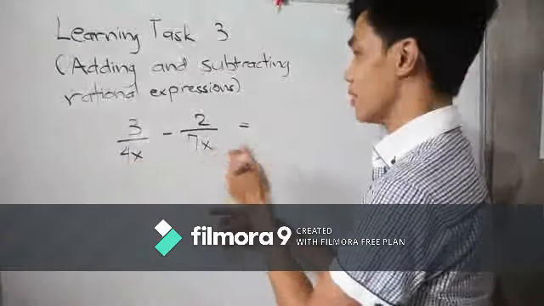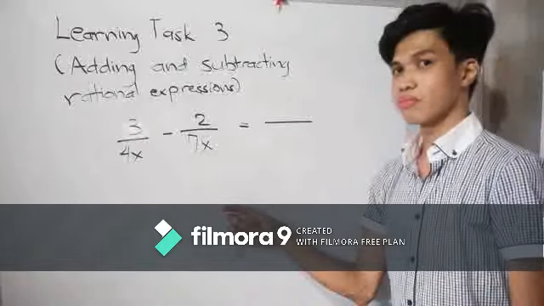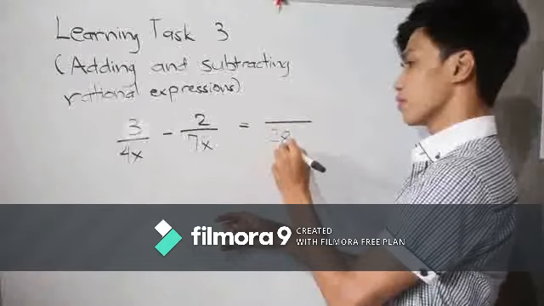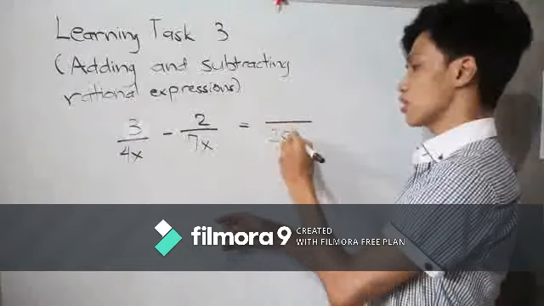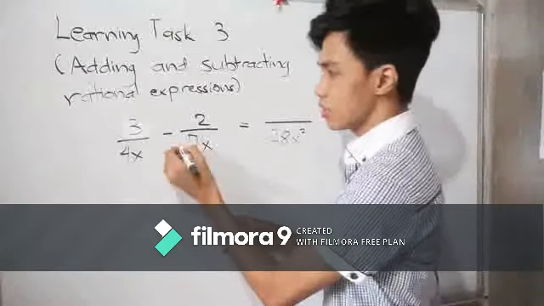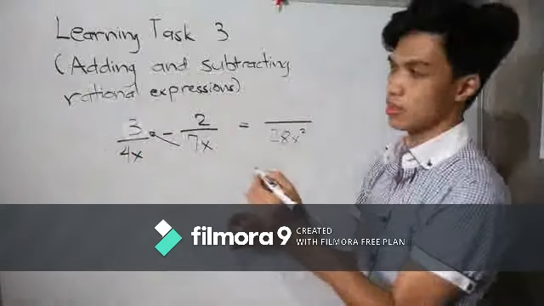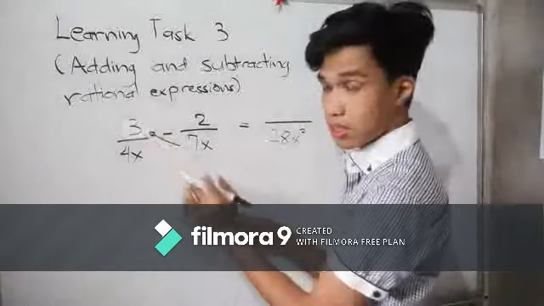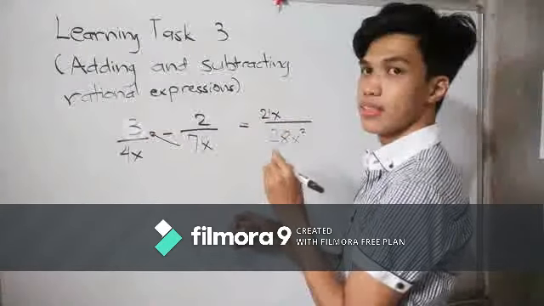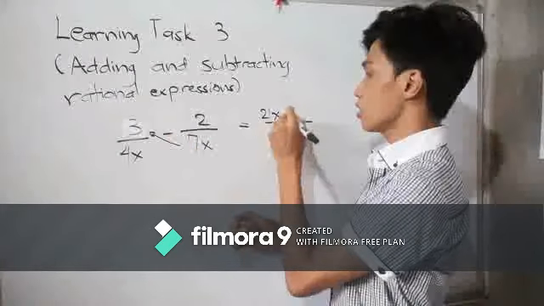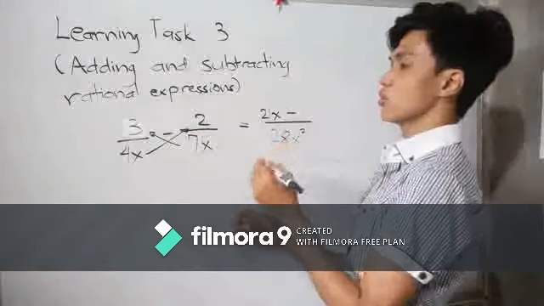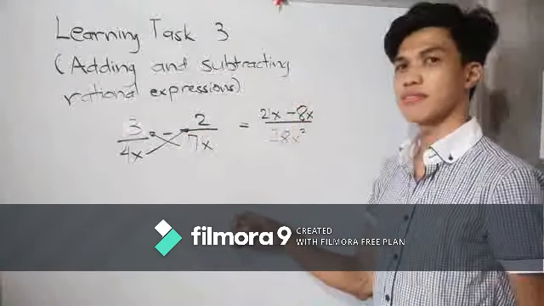So, 4x times 7x: 4 times 7 would be 28, then x times x will be x squared. Then, multiply at this diagonal, 7x times 3, that will be 21x. Copy the operation to be used, that will be subtraction. Then, this diagonal, 4x times 2, that will be 8x.